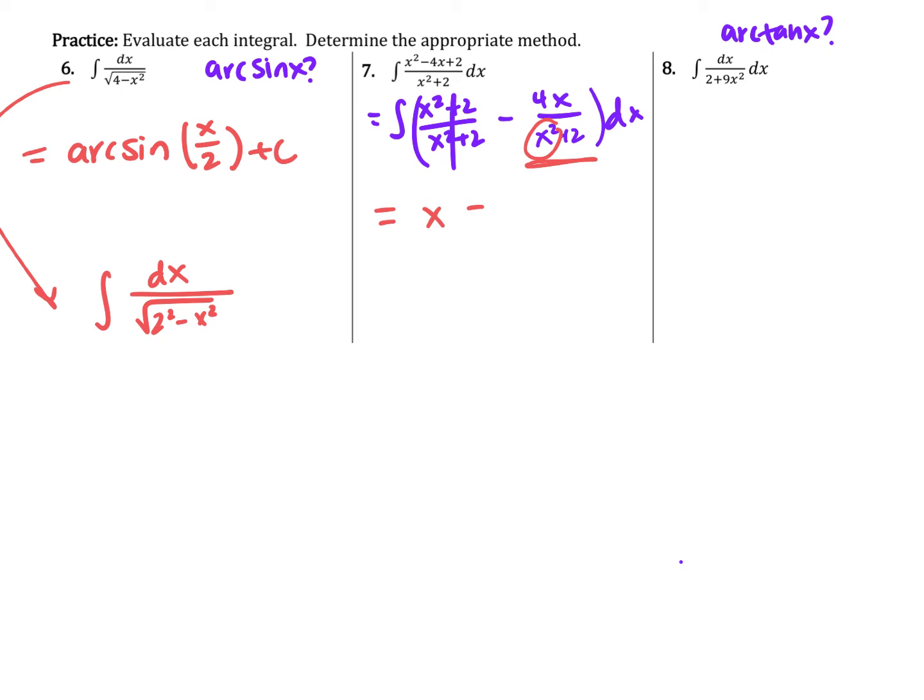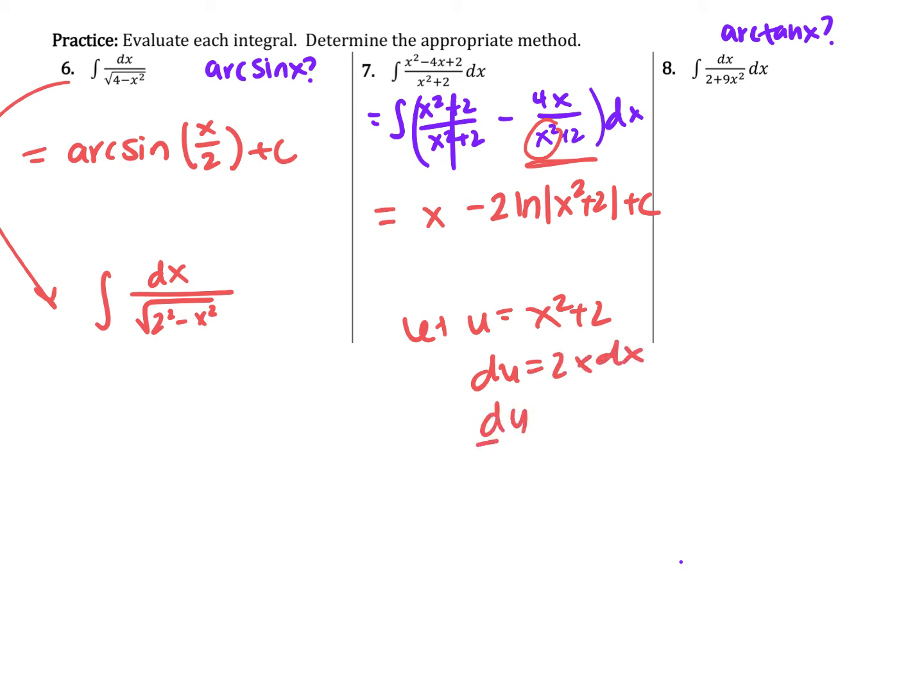So this is going to be x minus 2 natural log of the absolute value of x squared plus 2 plus c. But again, if you wanted to use u substitution, you could let u equal x squared plus 2. So du is 2x dx. And that can help you see how to do that. Hopefully you're getting away from needing to do u substitution when you can reverse the chain rule.